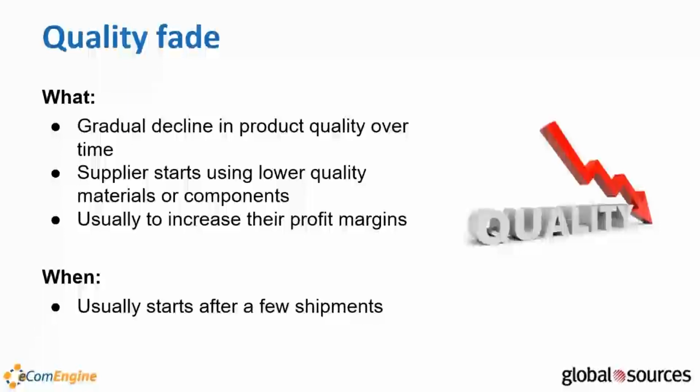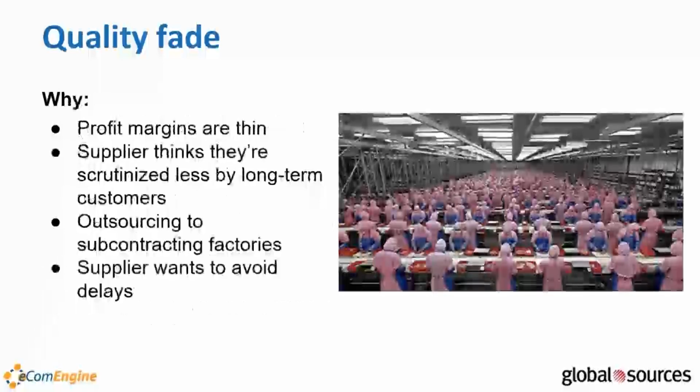So when does quality fade usually start? It usually starts after a few shipments when the supplier has gained the buyer's trust. So why does quality fade happen? I think as many of us importing from China understand, profit margins in China are very thin.